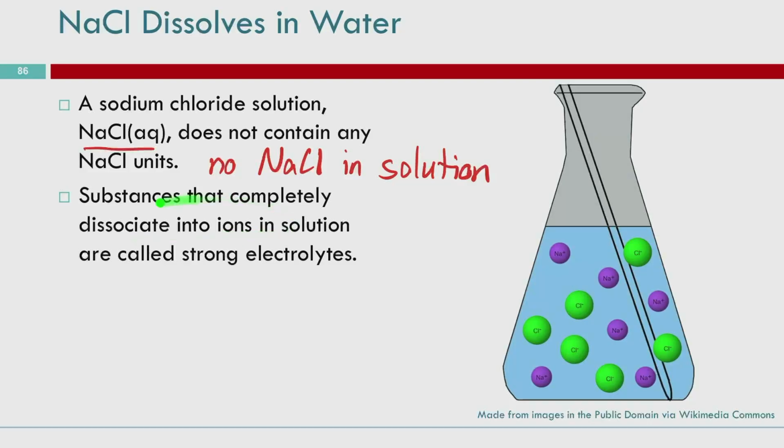This is a substance that completely dissociates into ions, meaning there's none of the formula units intact. We call this a strong electrolyte. So strong meaning that it completely dissociates or completely breaks apart.